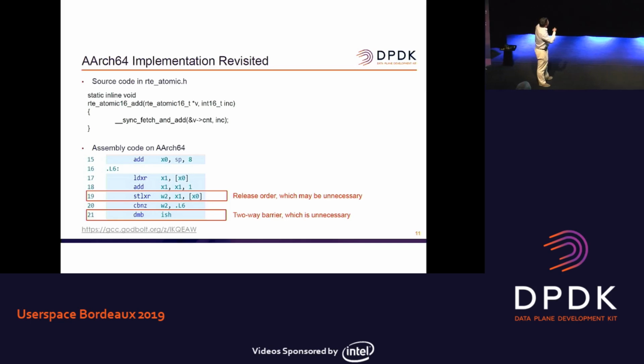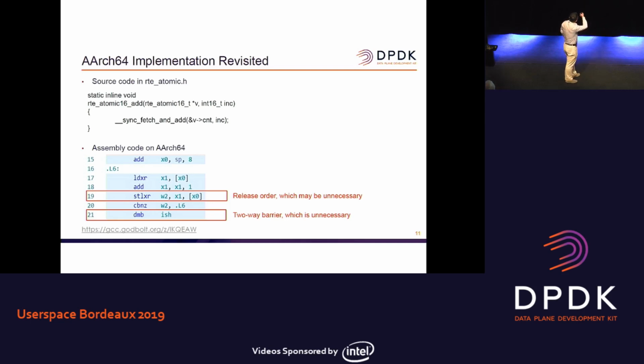This is one API example on ARM64. You can see currently this kind of sync built-in based implementation, in the end, has one full barrier. This full two-way barrier is not necessary. It hurts performance.